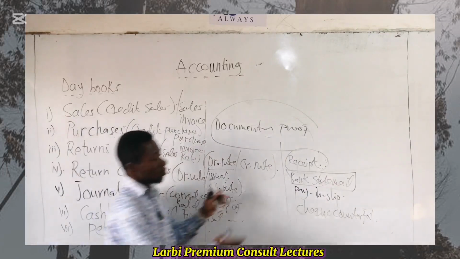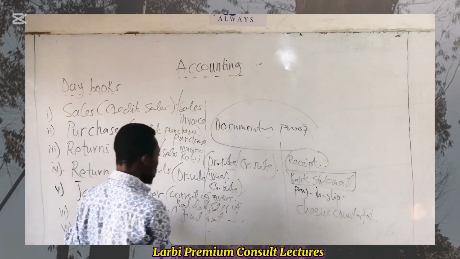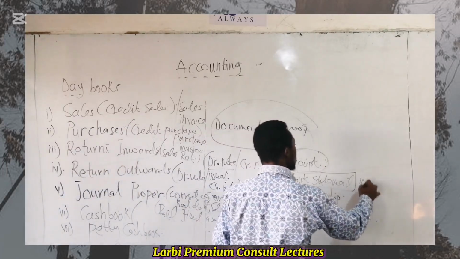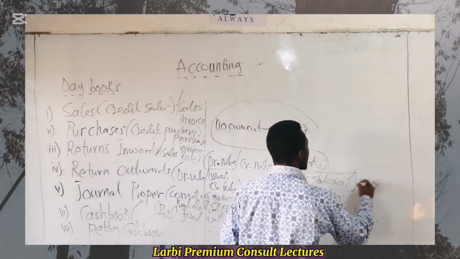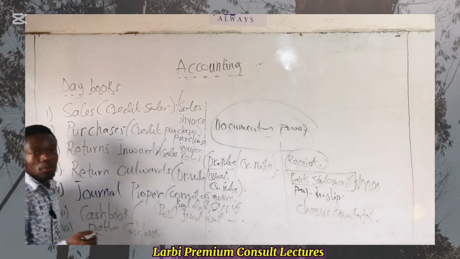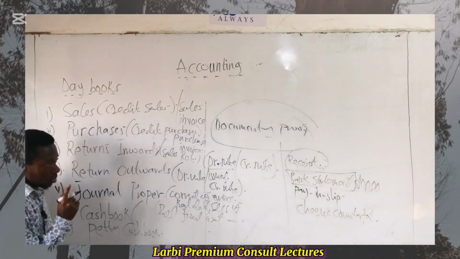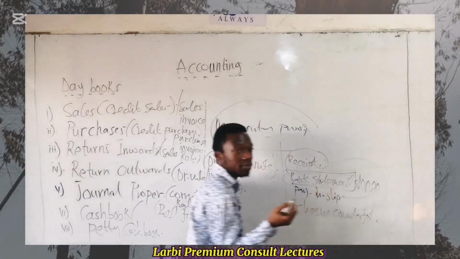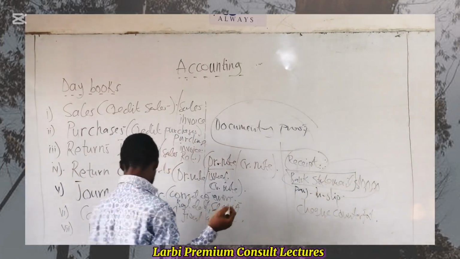So the bank statement will serve as a cross check for our cash book. Say we have $10,000 in our account, right? Then on the cash book, we are supposed to have the same $10,000. So the bank statement will serve as a source document for us to make entries in the cash book.